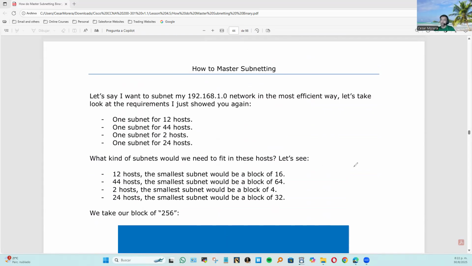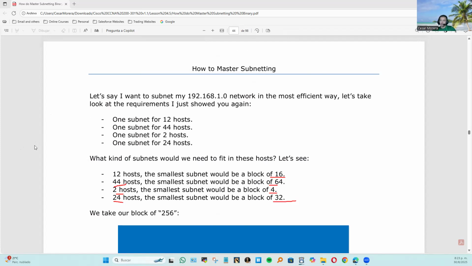What kind of subnets would we need to fit these hosts? Let's see. 12 hosts, the smallest is a block of 16. 44 hosts, 64. 2 hosts, 4. 24 hosts, 32. Those are the smallest blocks that we need in order to accomplish this goal.